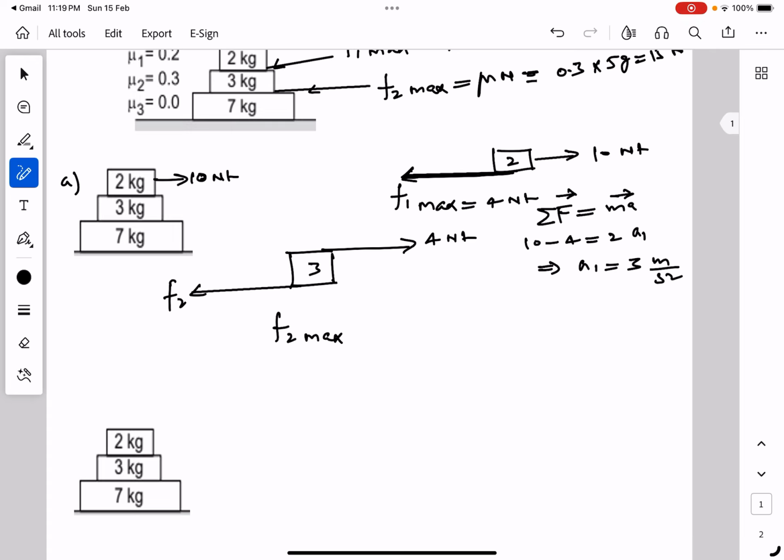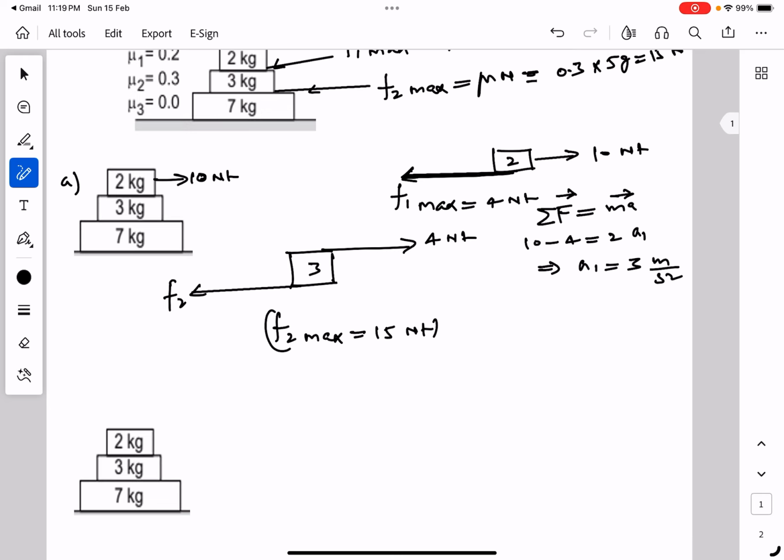Maximum value of F2 is 15 Newton. Since maximum value of static friction F2 is greater than 4 Newton, so there will not be any relative motion between 3 kg and 7 kg block, and they are going to move together.